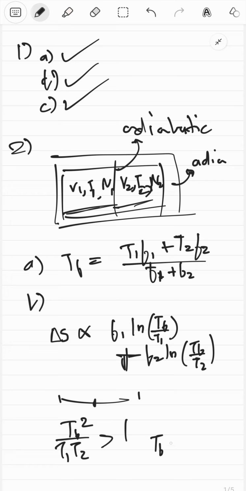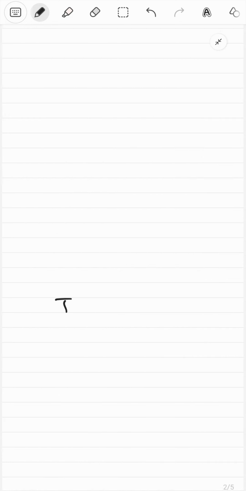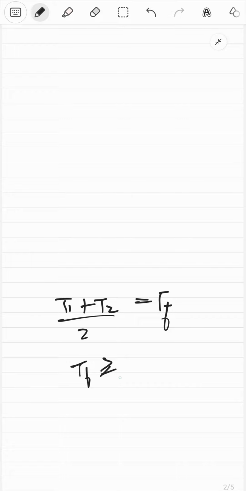So TF squared should be bigger than T1 T2. Because F1 and F2 are the same, TF is (T1 plus T2) upon 2, but we already know that this is bigger than or equal to the square root of T1 T2 by the AM-GM inequality. That means TF squared is bigger than or equal to T1 T2.